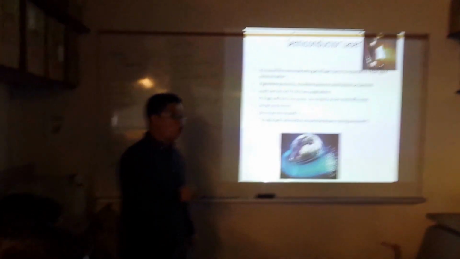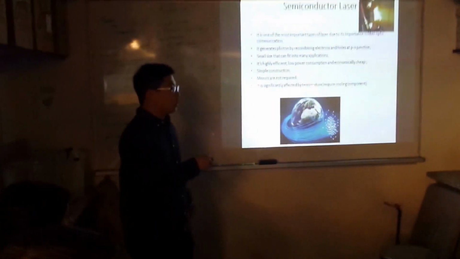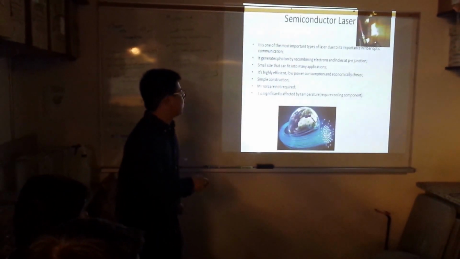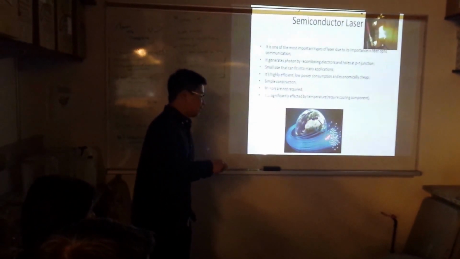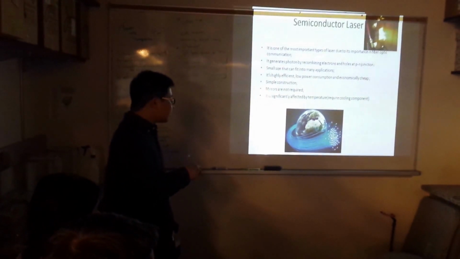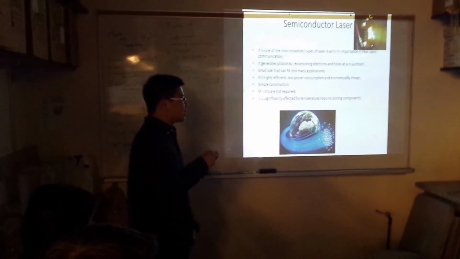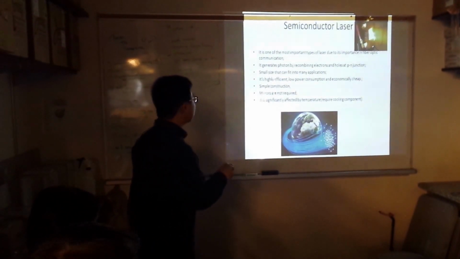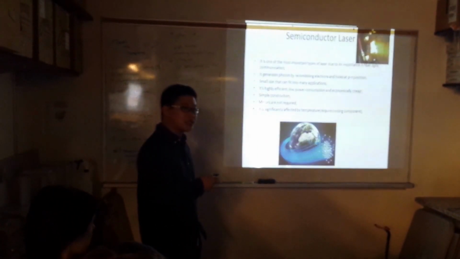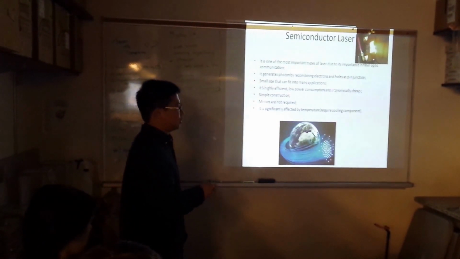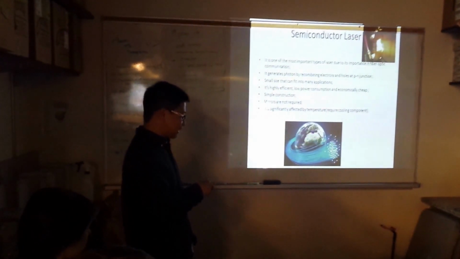And by doing so, we don't need mirrors to do the oscillation in between. And it's also a very simple construction here. Because the semiconductor laser has a very small size, it can fit in many applications. So it's the most commonly used type of laser these days.